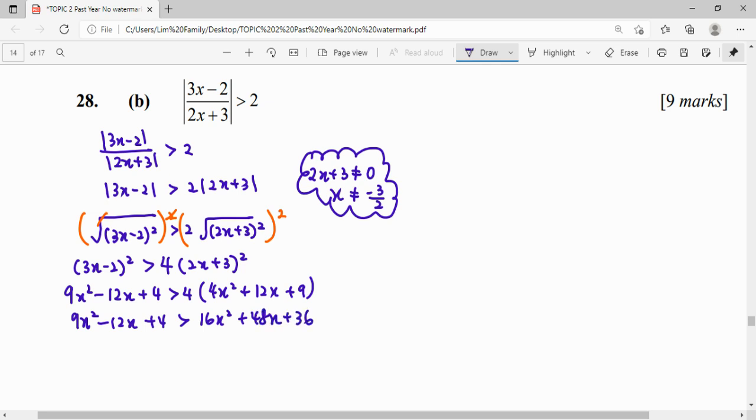And when we meet a quadratic inequality, we have to rearrange. We rearrange them to the left hand side and leave the right hand side 0.